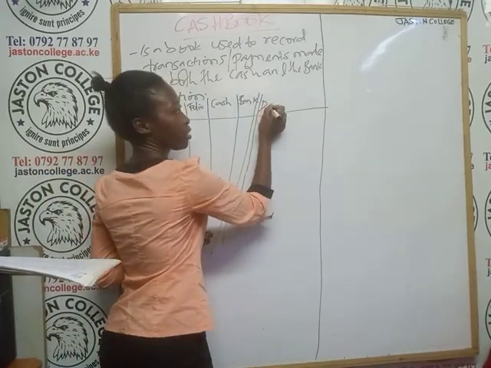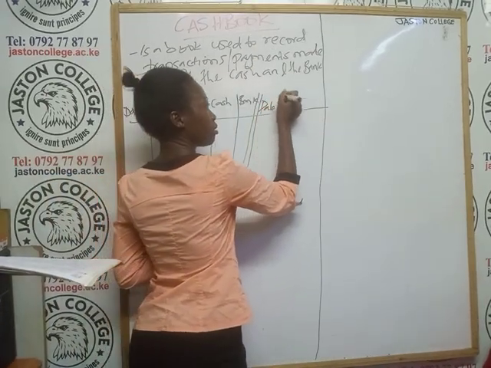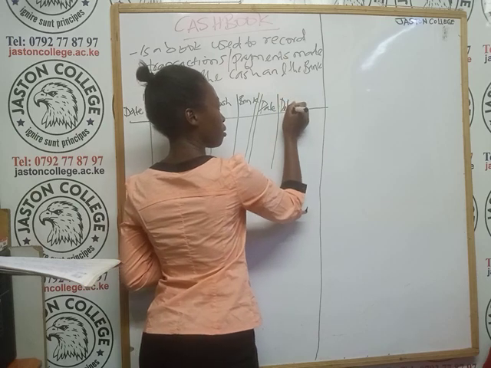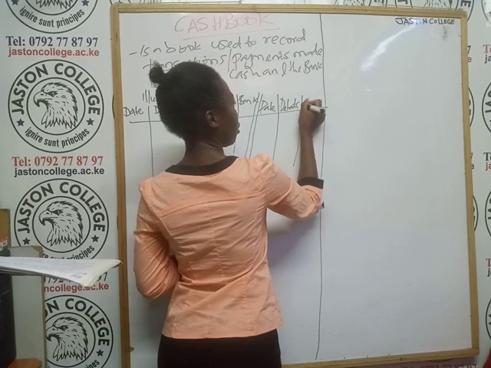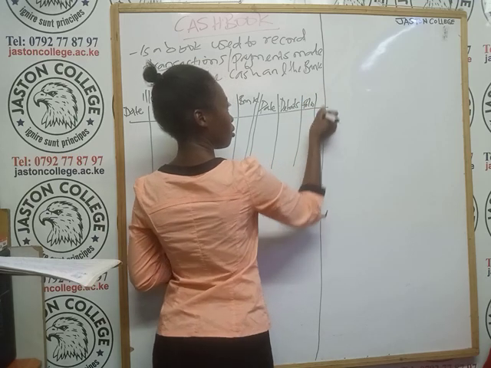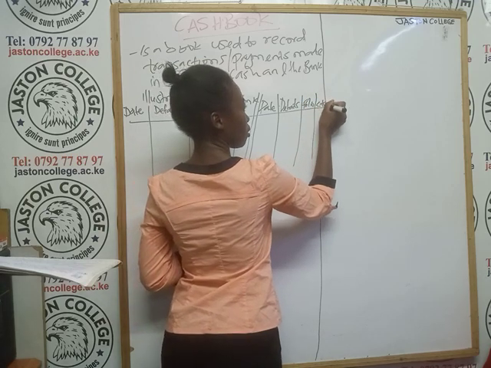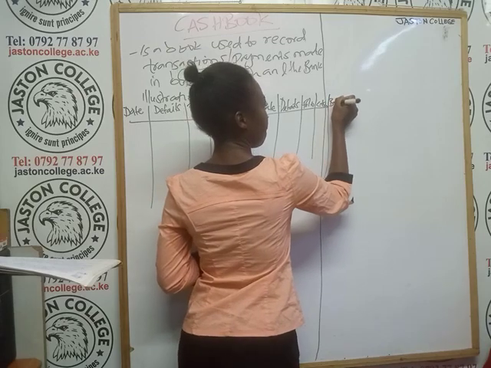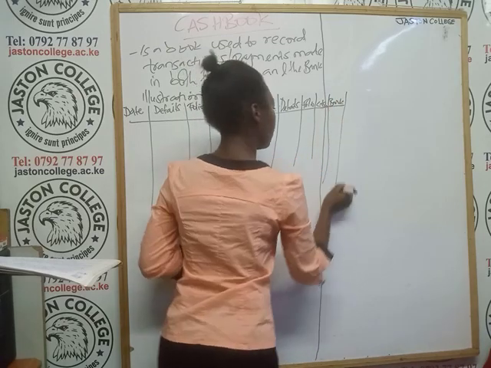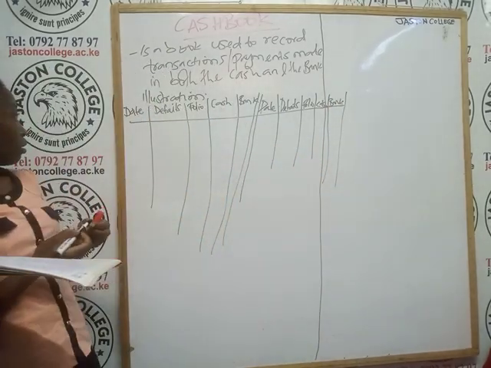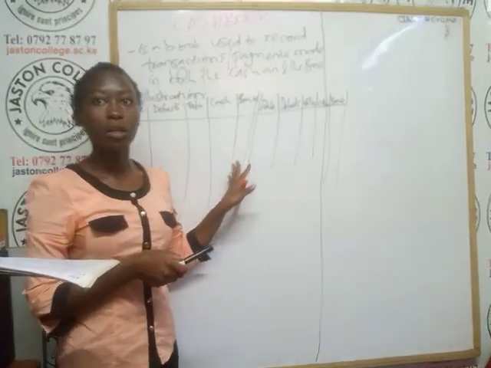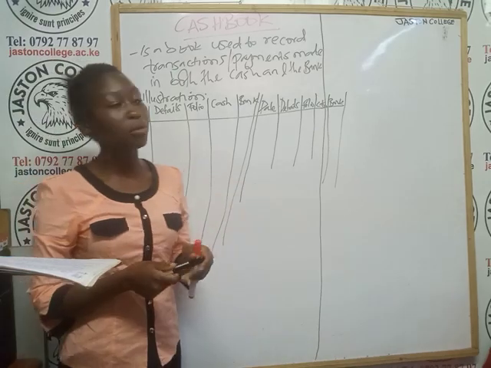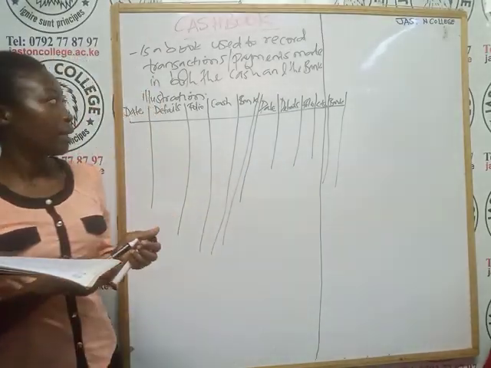We have the date, details, folio, cash, and the bank. So this is our double cash book, or the 2-column cash book.